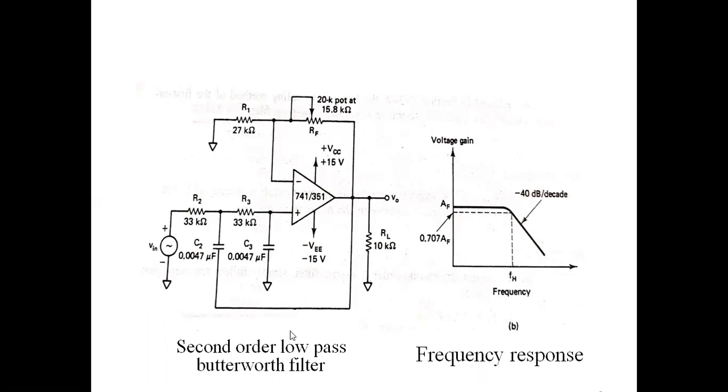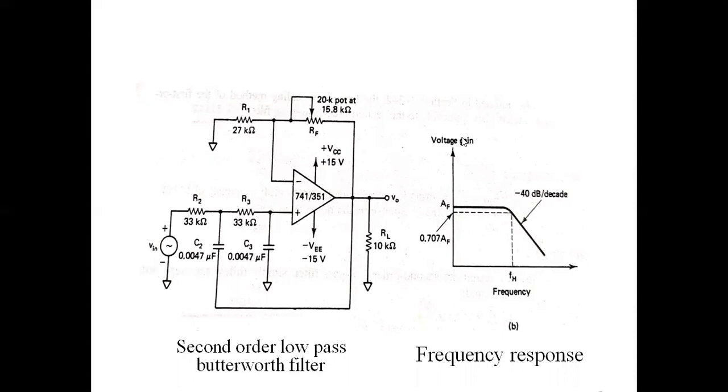And since it has been connected to the non-inverting terminal of the op amp, it is called the non-inverting second order low pass Butterworth filter. The resistors R1 and RF determine the gain of the second order filter.